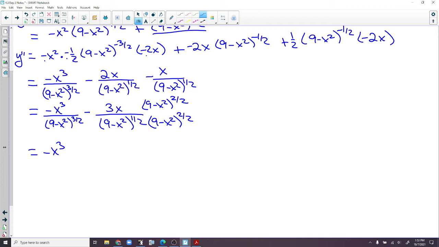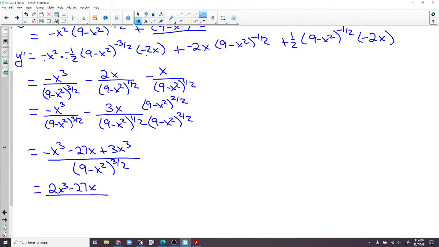Now I don't have to FOIL, you can just distribute. Now keep in mind that's to the first power. So what do we have? Minus 27x plus 3x to the third. All over, and now we finally have a common denominator. This is 2x to the third minus 27x over 9 minus x squared to the 3/2.